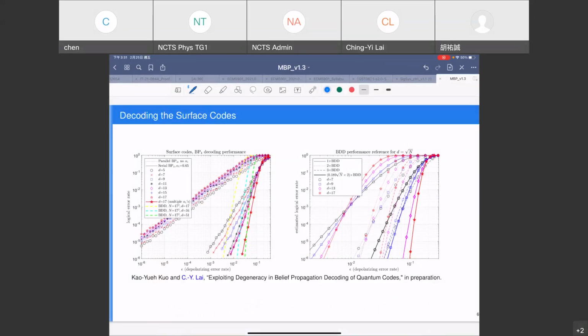So we can say that this performance is much better than the perfect matching algorithms, if you assume that you can have a perfect syndrome. So we have improved the performance from these curves to here.